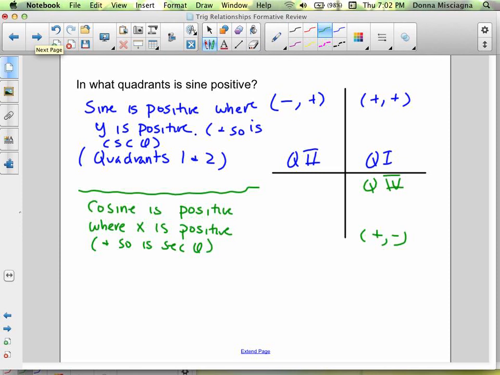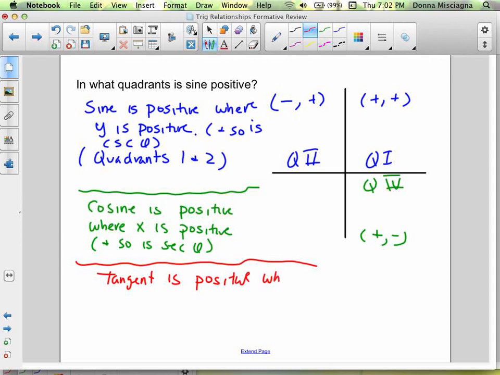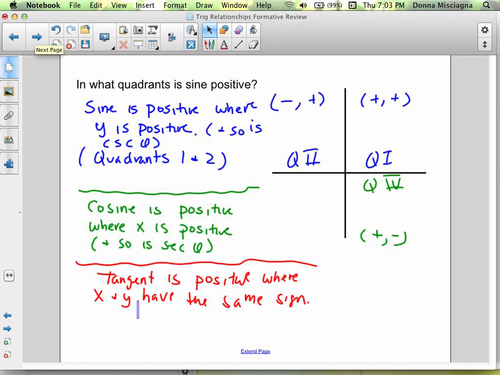How about tangent and cotangent? Well, tangent is positive where x and y have the same sign. So that's going to be the first quadrant. I forgot to write down the answer for the last one.